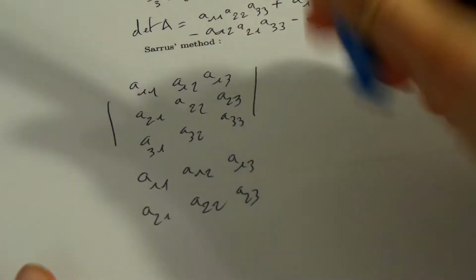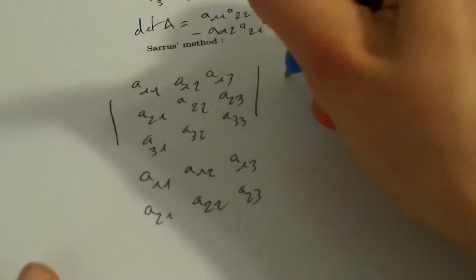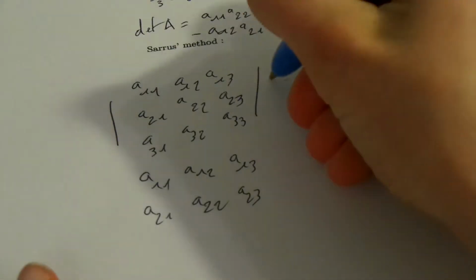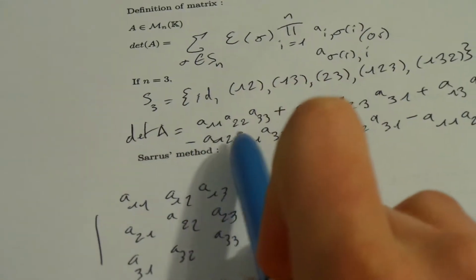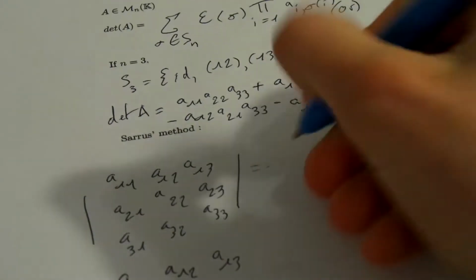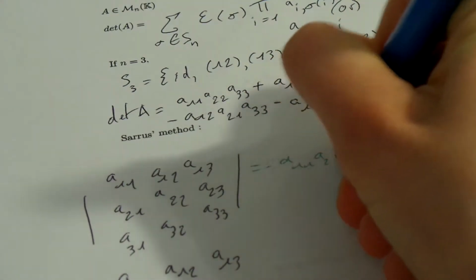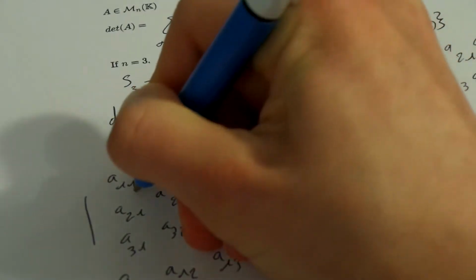We're doing this side first, so positive. That gives A11 times A22 times A33, and we can notice that it's exactly what we have here. So we've done this diagonal.